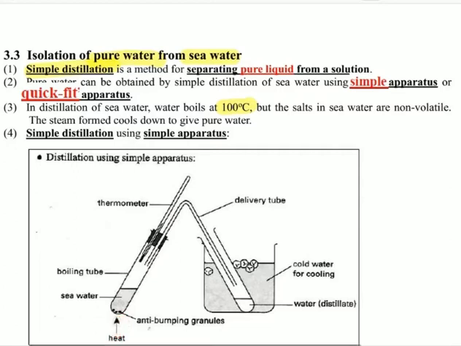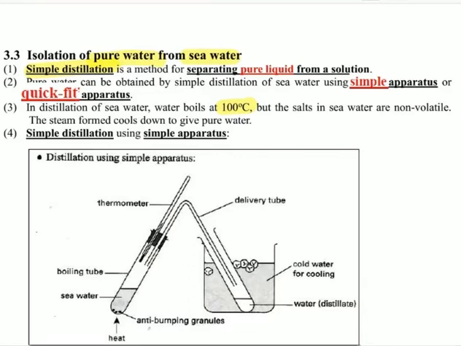And then we have a Bunsen burner here for the heating, and we add some anti-bumping granules. Later I will tell you what anti-bumping granules are, okay? So when we heat the mixture, seawater will have water and also the salts inside.